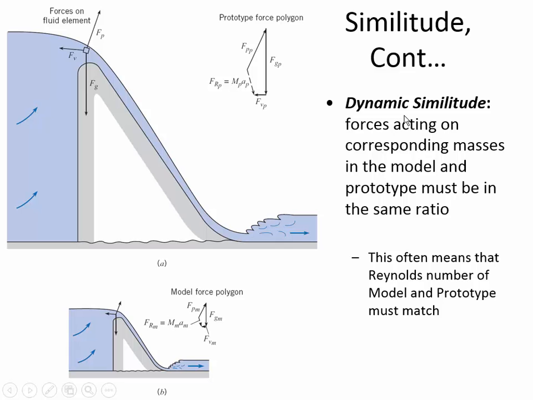And it's dynamic similitude that's used in simulation of fluids acting over, for example, the spillway of a dam. That's what this diagram is showing, is there's water behind a dam, and then it flows over the top of the dam, and then it's cascading down a spillway and eventually goes to the river that's downstream.